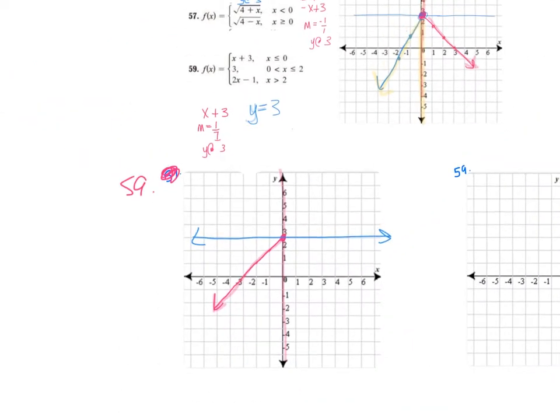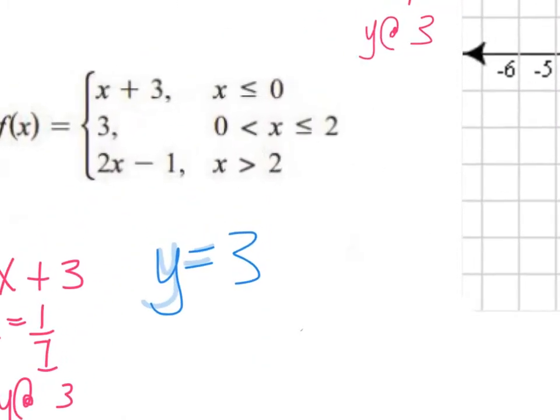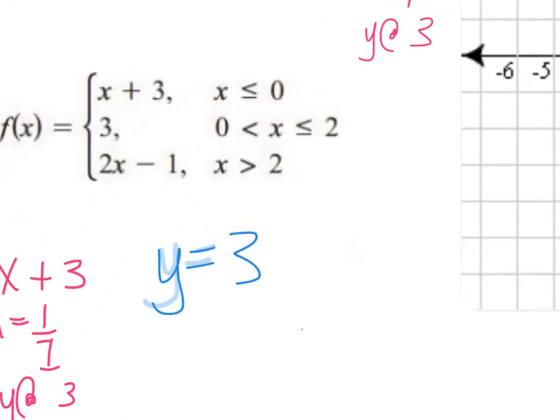There's my horizontal line. And I want the values on the x-axis that are what? What do my parameters say here? Less than or equal to 2, and greater than 0. So where am I looking, guys? Between what two numbers?